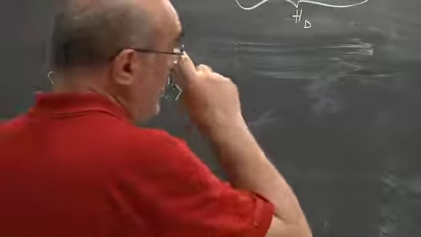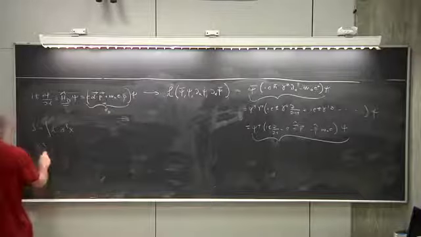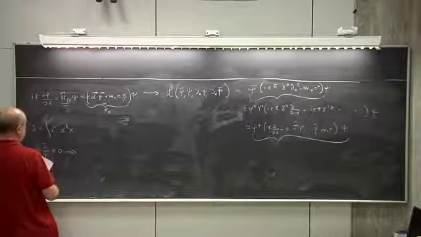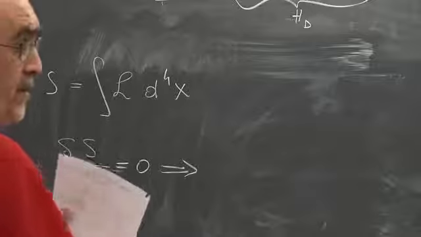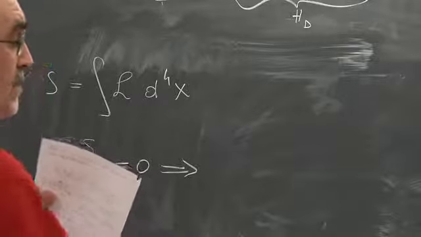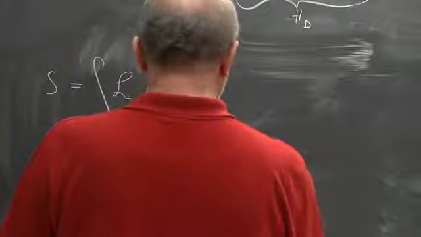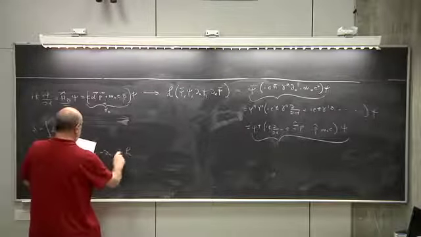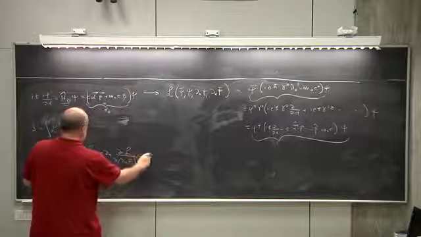of the field. Okay, so let's do the variation with respect to psi bar. If we do the variation with respect to psi bar equals 0, this implies the variation of the action equals 0. These are the equations of motion, and are the analog of the Lagrangian equation of motion that you have derived from a variational principle. This one is dL/dpsi minus d_mu dL/d(d_mu psi bar) equals 0.